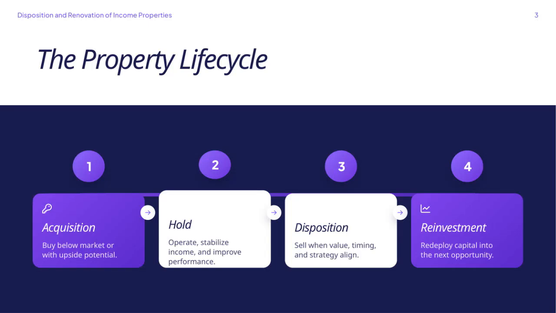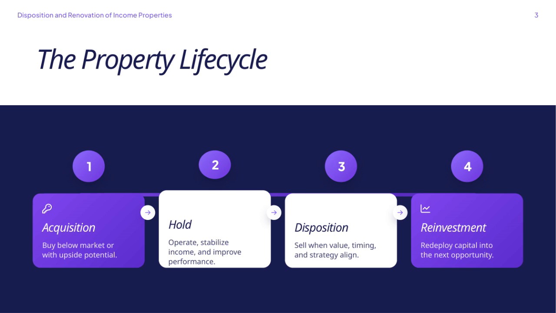Let's walk through the property life cycle, which is crucial to understanding real estate investment strategy. First, we have acquisition. This is where the goal is to buy properties below market value or with significant upside potential to maximize returns. Next comes the hold phase. During this time, the focus is on operating the property efficiently, stabilizing income streams, and improving overall performance.